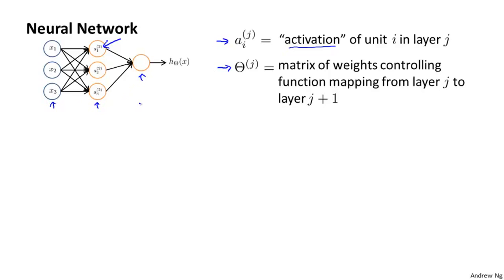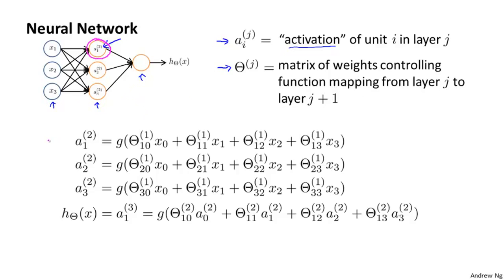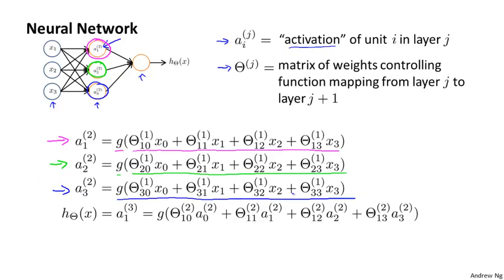So here are the computations that are represented by this diagram. This first hidden unit has its value computed as follows. A21 is equal to the sigmoid function, or the sigmoid activation function, also called the logistic activation function, applied to this linear combination of its inputs. And then this second hidden unit has its activation value computed as sigmoid of this, and similarly the third hidden unit is computed via that formula.